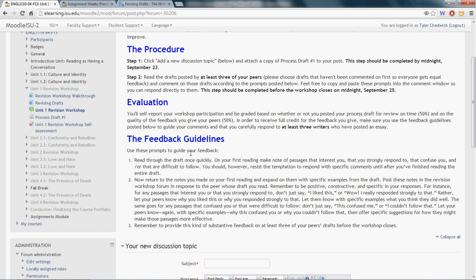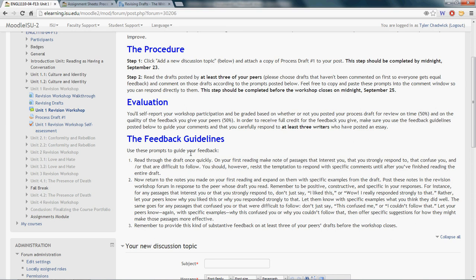Just things like that. So instead of saying just I like this, or wow, this is awesome, or this confused me, or I couldn't follow that, give your peers specific examples from the text. I was confused by this because of this, or I like this because of this. Your language is really strong here, but it's not so strong here. Maybe you could even that out, make the language stronger here, etc.